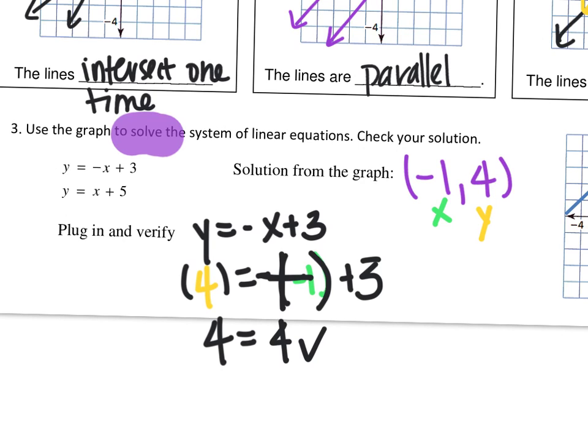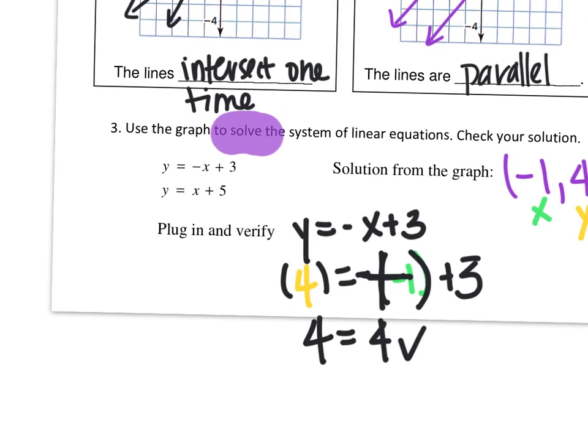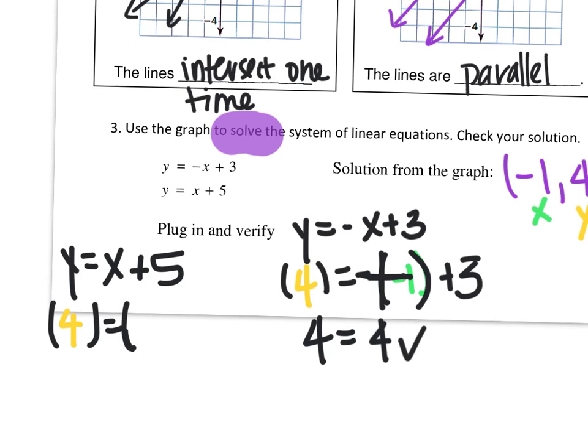Now I'm going to do the same thing for my second equation. My second equation was y equals x plus 5, so I'm going to plug in 4 for y, equals, for x I'm going to plug in -1, plus 5.